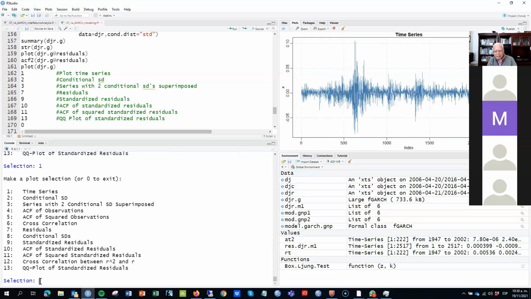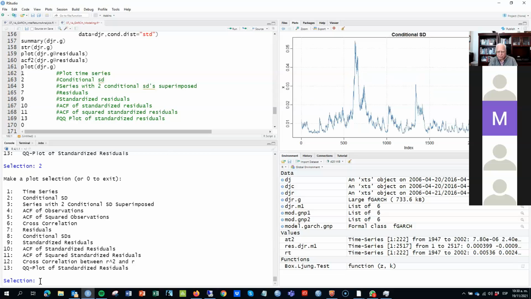I'll do the first one, that's the time series. We already saw that chart at the beginning. Then I'll plot number 2, which is the conditional standard deviation, and that is reflecting how the conditional standard deviation is behaving over time.